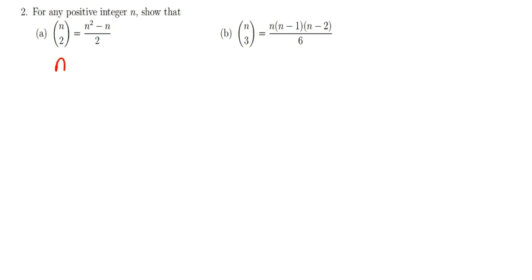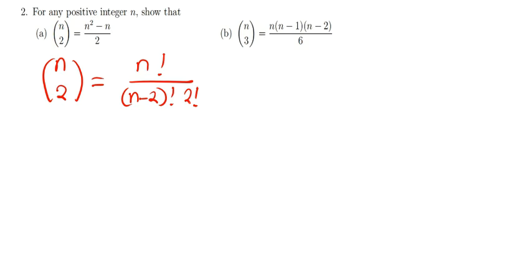So n choose 2. Using the formula, it is basically n factorial divided by n minus 2 in the brackets factorial divided by 2 factorial. So now I want us to understand one thing about factorial theorem. So under factorial theorem, if I have been given 4 factorial, this is basically the same as 4 times 3 times 2 times 1.